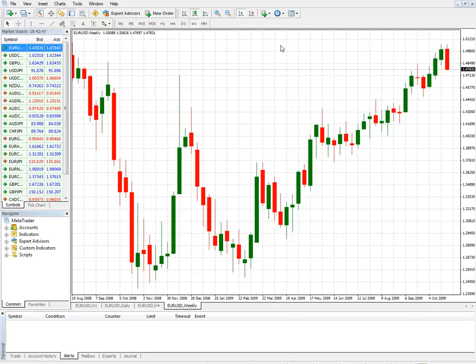It'd be a small move, basically. So we're talking about 15 pips, and giving the market 15 pips of room to move, that's a scalping kind of setup.